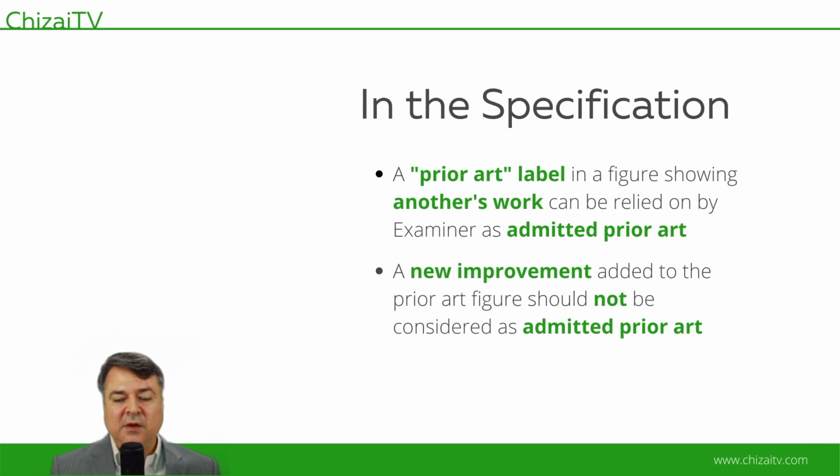This means if you have a figure that shows another's work and it's labeled as prior art, and you put some changes or new modifications on that figure, that will not be considered prior art. That would be considered possibly new. So your changes should not be considered prior art if they're new improvements, but everything that is already in that figure, when you put it in your application, would be considered prior art.